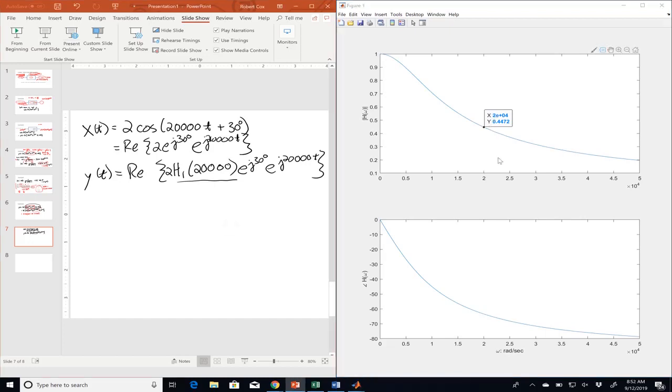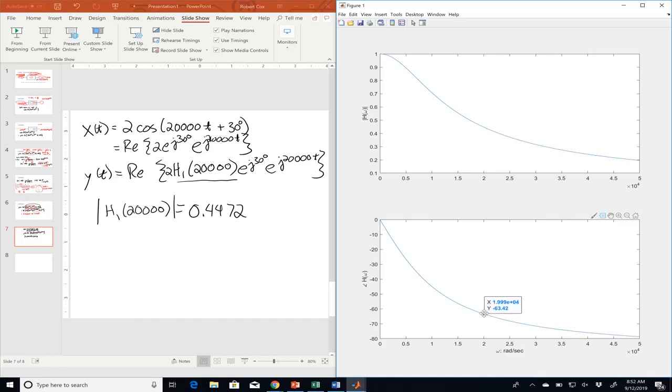So what that says is the magnitude of H1 of 20,000 is 0.4472. Now I've got to figure out the angle at that point. So I go down here, hover over again, left click with my mouse, and I try to move that a little bit closer.